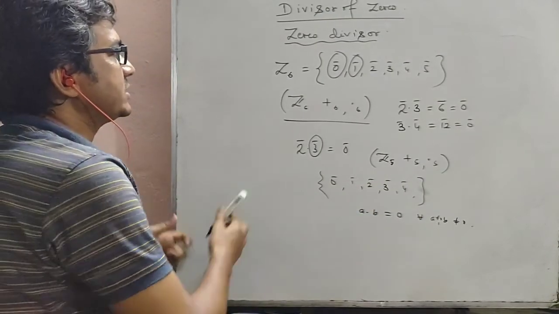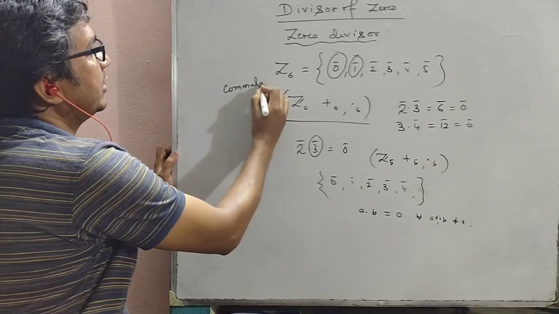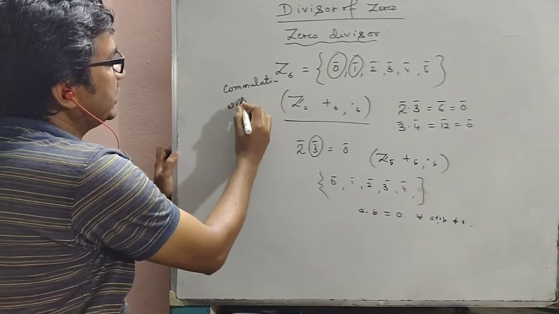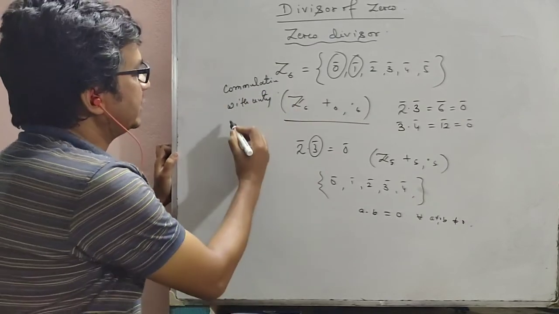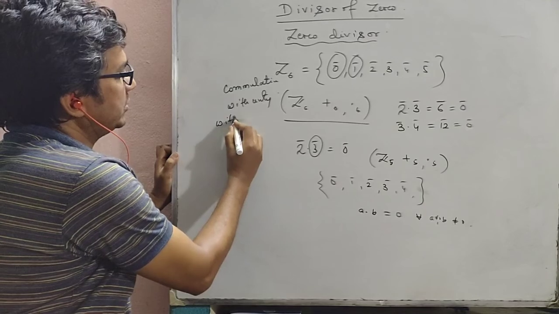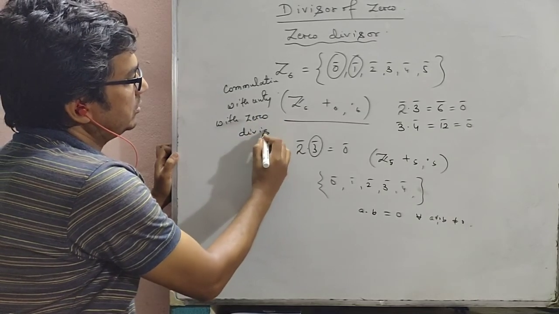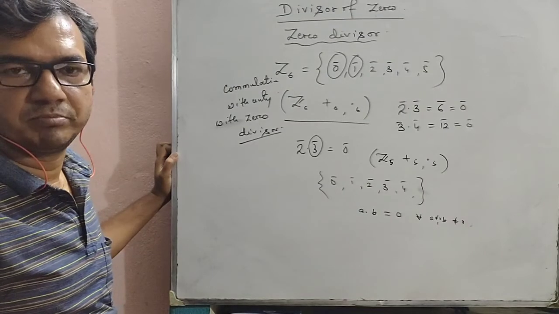So Z6 is a commutative ring with unity and with zero divisor. Zero divisor or with divisor of 0, same.